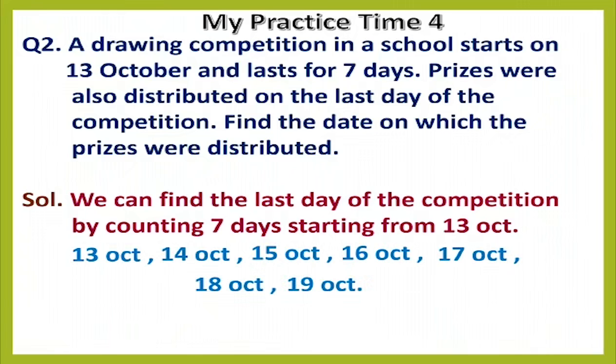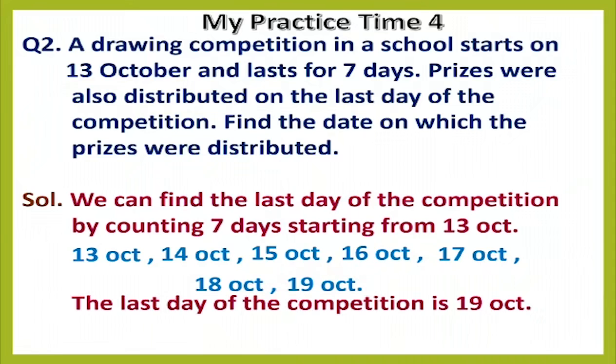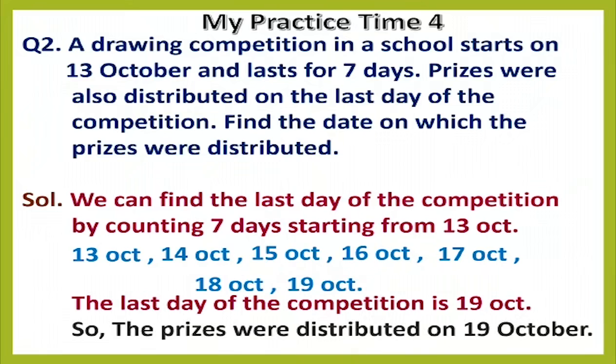Total 7 days: 1 day, 2 day, 3 day, 4 day, 5 day, 6 day and 7 day. We are having 19 October as the last day of the competition. So the prizes were distributed on 19 October.